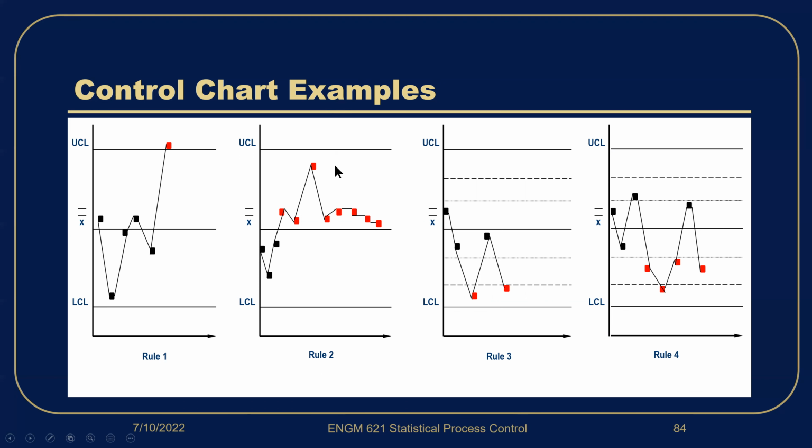The second one is 8 consecutive points on one side of center line. The third one is 2 out of 3 consecutive points beyond 2 sigma warning limits on the same side of center line. And the last one is 4 out of 5 consecutive points plot beyond 1 sigma warning limits on the same side of the center line.